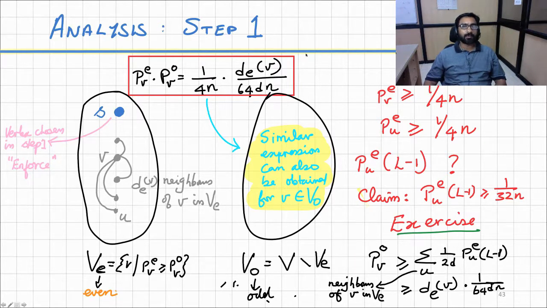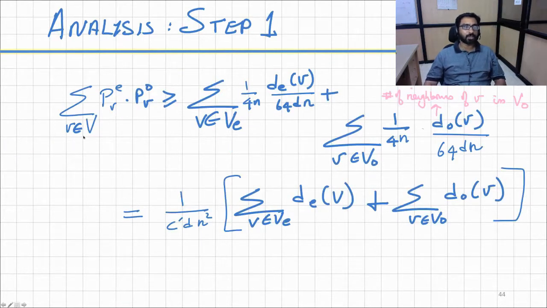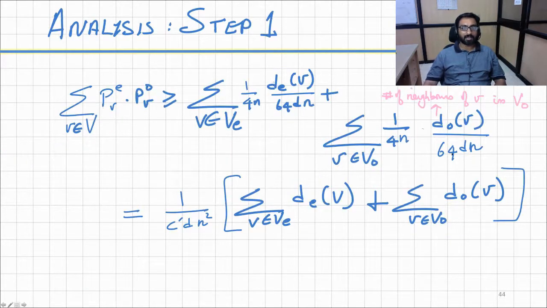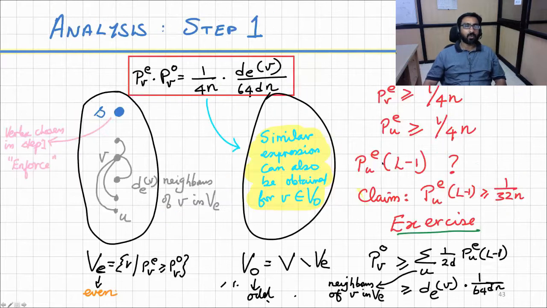So we can put this expression back into this larger summation. Remember, we were interested in the summation over all the vertices, PVE times PVO, and this summation is at least the sum of these individual summations. The first summation is simply based on what we have over here, and the second summation is what we would have if we considered the vertex V to be drawn from here.